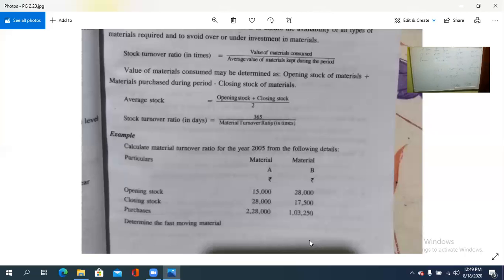MTR in times. Here they are asking MTR in days, stock turnover ratio in days, because the figure is also days. So how is it to be calculated? The formula for calculating this, in days, we need to calculate.